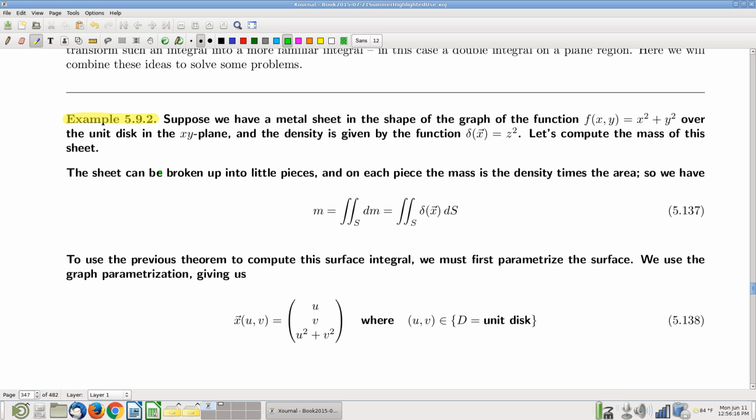And what is our surface? Our surface is the graph of this function here over the unit disk in the xy plane. So now, very important, remember I'm using this word graph here. It means that's a specific surface that you get from applying a specific construction to this function f here.